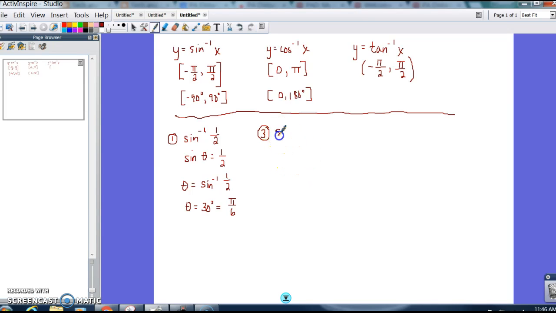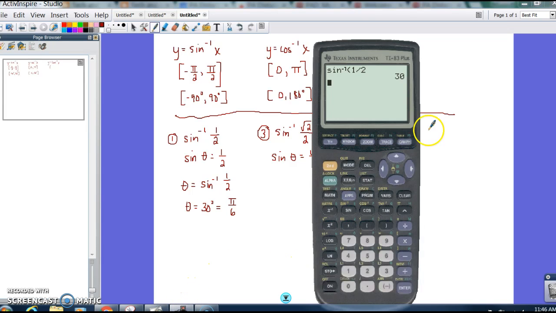Okay. Problem number 3 says sine inverse of radical 2 over 2. Okay, so basically I'm saying the sine of some angle is square root 2 over 2. Now the first one and this one you should recognize. This comes out of your special right triangles.